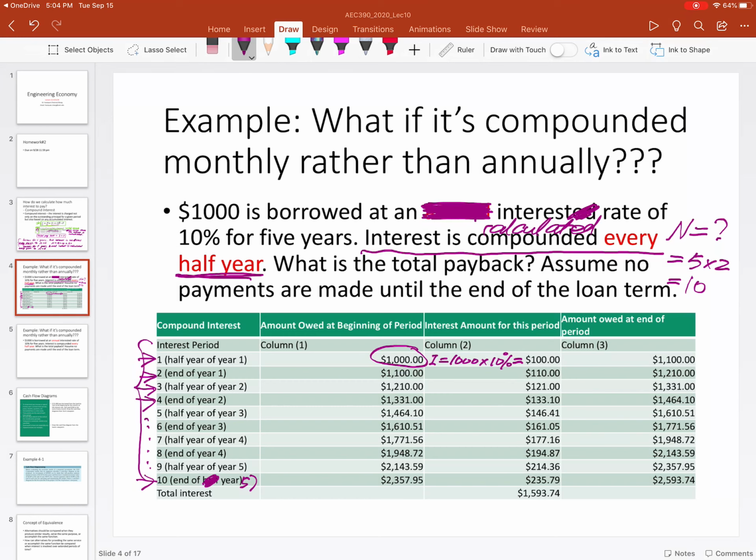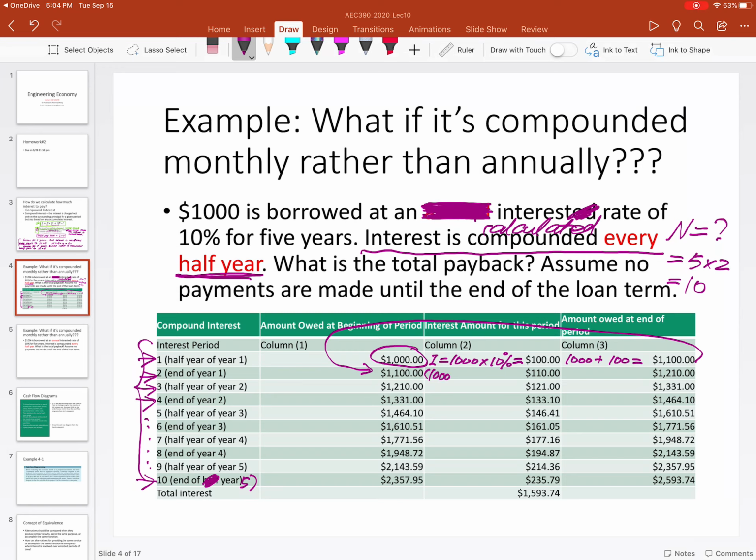And then the money you owe the bank at the end of the first period will be the initial amount you owe plus the interest, right? Then we copy this to the beginning of the second period. During the second period, you need to calculate your interest again, and that will be a new base. Remember that, because this is a compound interest.